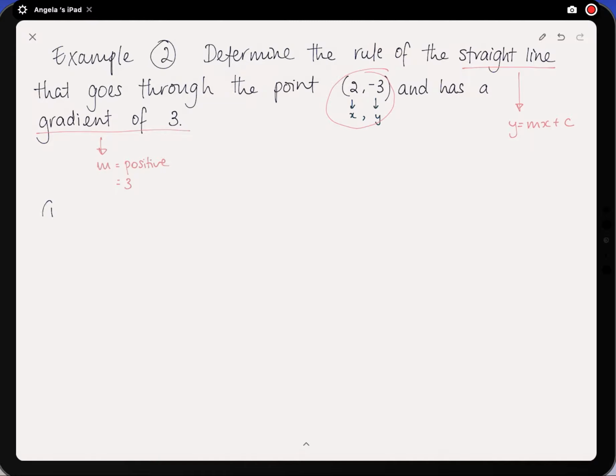So I'll write step 1, substitute into the general equation, which will be y equals 3x plus c.